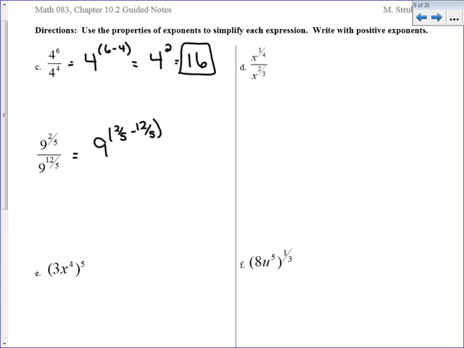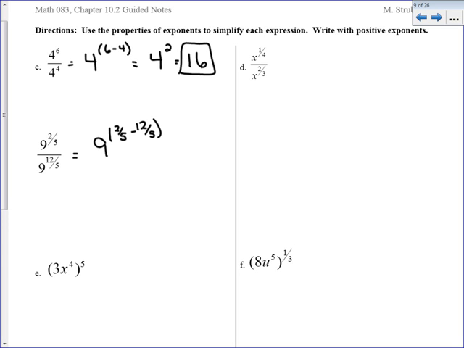So whenever you divide like bases, you subtract the exponents. That's your quotient rule. That's a sentence on your extra credit that would satisfy that question. When you divide like bases, you subtract their exponents.